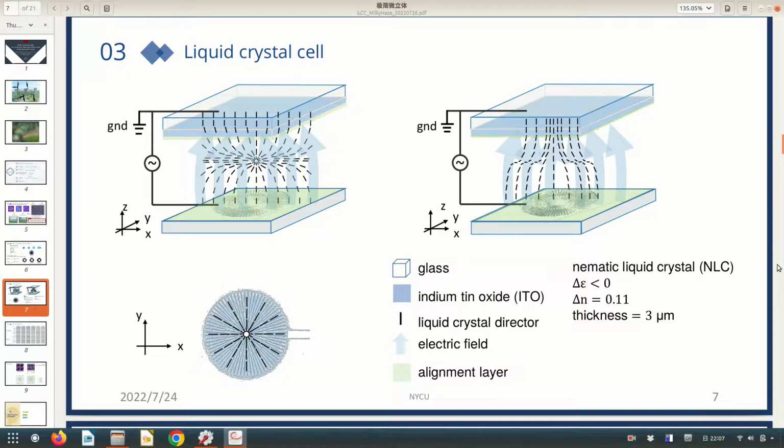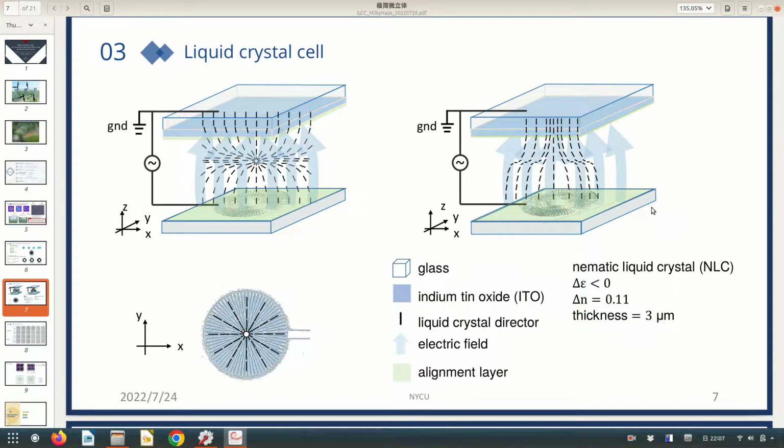The configuration can be like this or like this, and we can have a point defect at the center, or we can just have an escape, but we have surface defects on the substrates. It depends how we treat the surface. This is the case with anti-parallel alignment, and this is the case with parallel alignment.